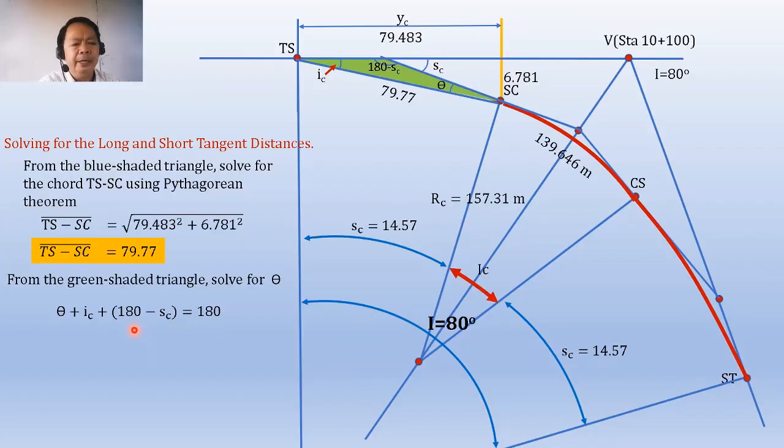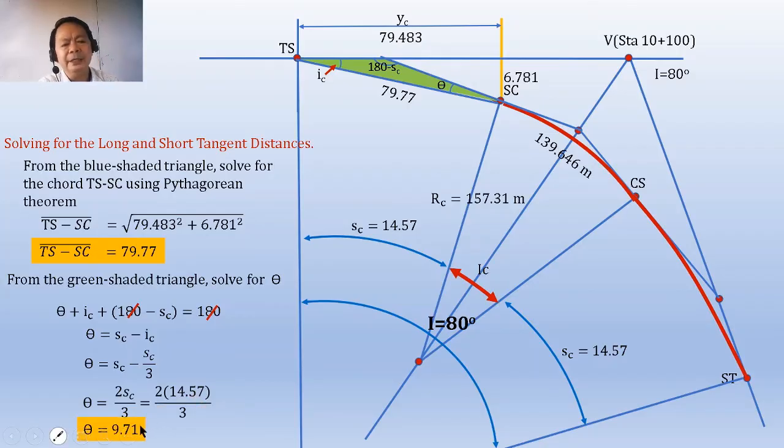So from here, 180 will cancel, so that theta will be equal to S sub C minus I sub C. But I sub C, alam natin, is equal to 1/3 of S sub C. Hence, yung theta natin will be equal to 2/3 of S sub C, or if we substitute the value of S sub C, it will be equal to 9.71.